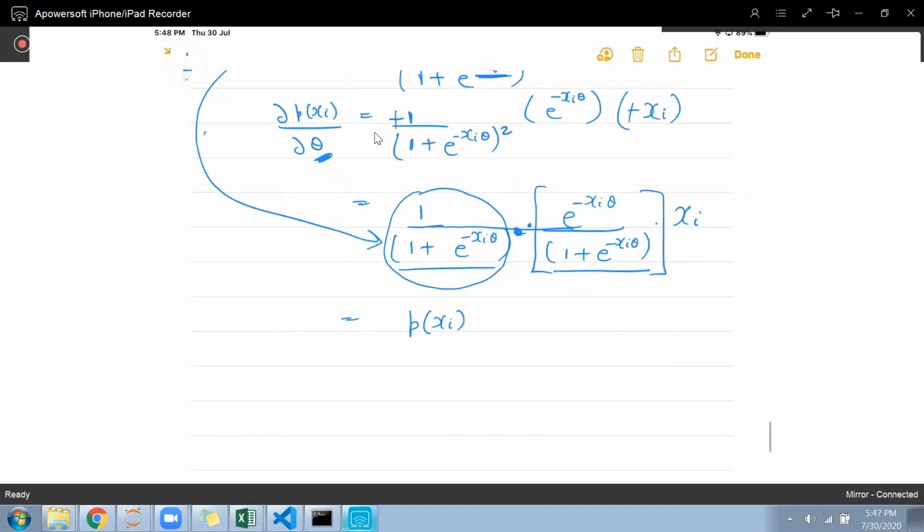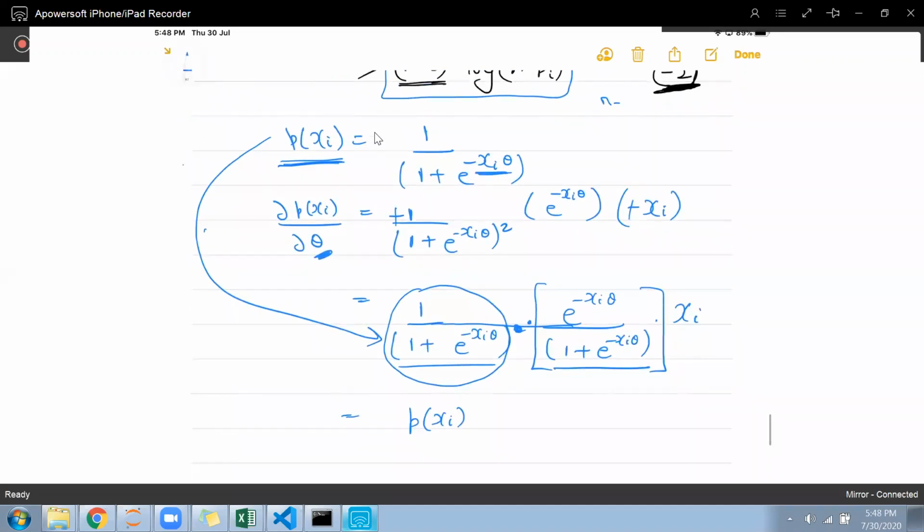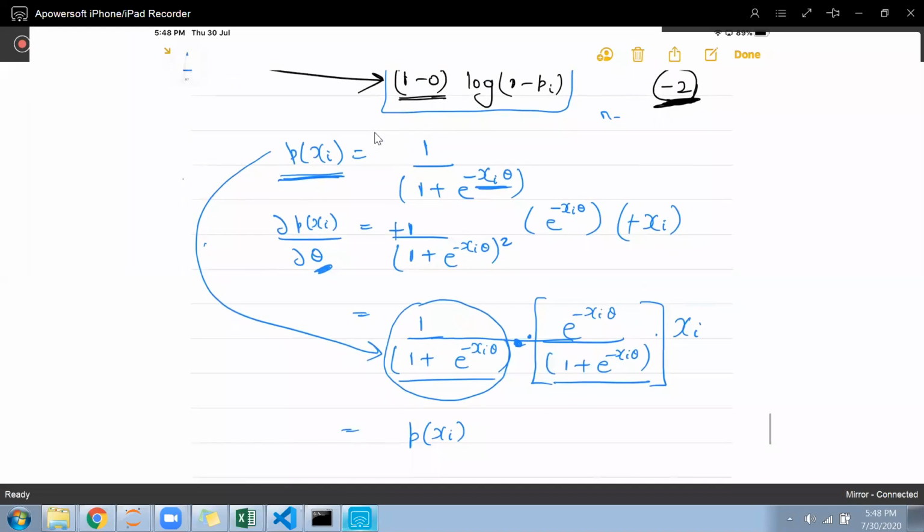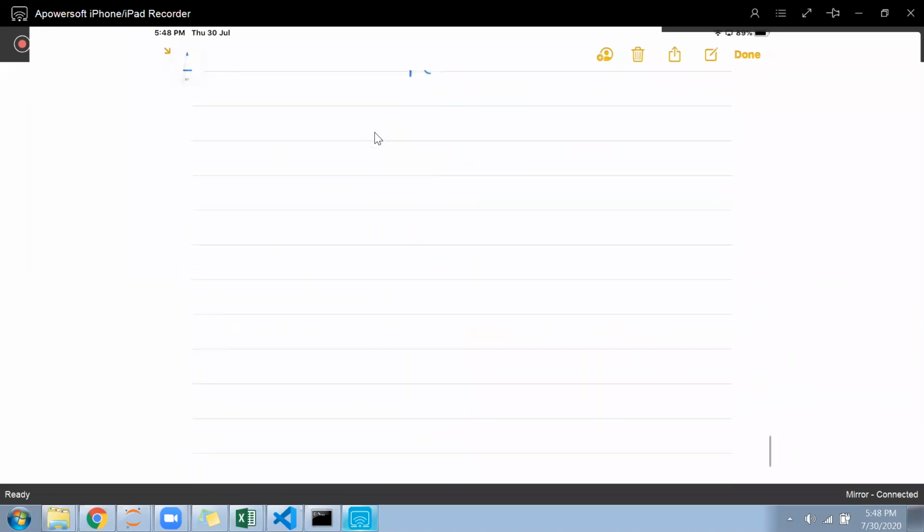Correct. And what about this part? Let's try to find 1 minus p of xi. What will be 1 minus p of xi? 1 minus 1 upon 1 plus e raised to the power minus xi theta.